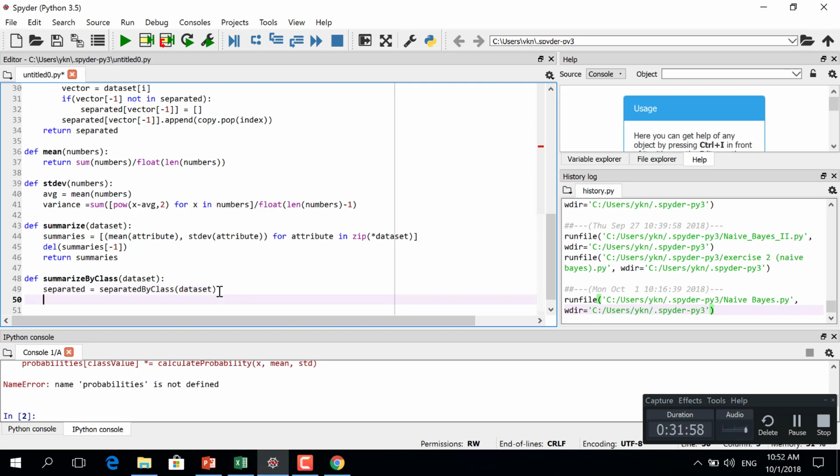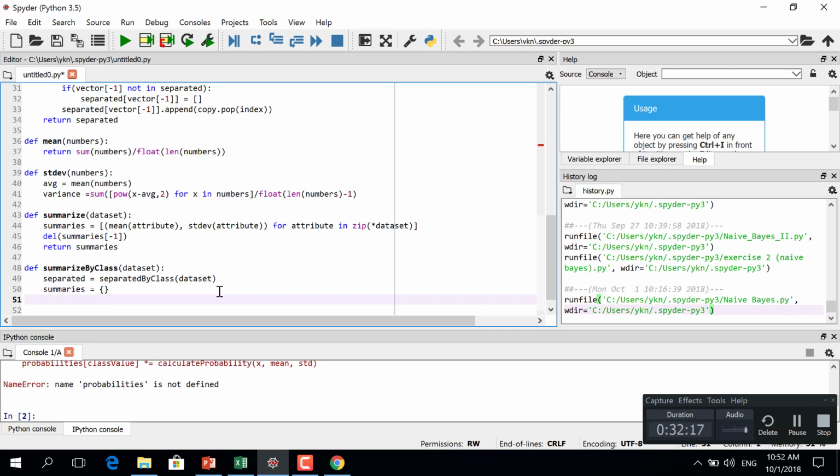So here, after we summarize by classes, again we have to put into a dictionary, the summaries equal to dictionary. Yes. So we separated by class the data by looking at the dictionary of the summary.